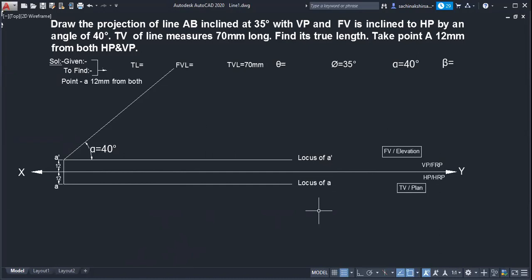Similarly, what can I draw right now? You should tell me where to draw this phi angle, 35 degrees. Below the XY line. Below the XY line means at point A. So what is that angle? 35. Yes, sir.